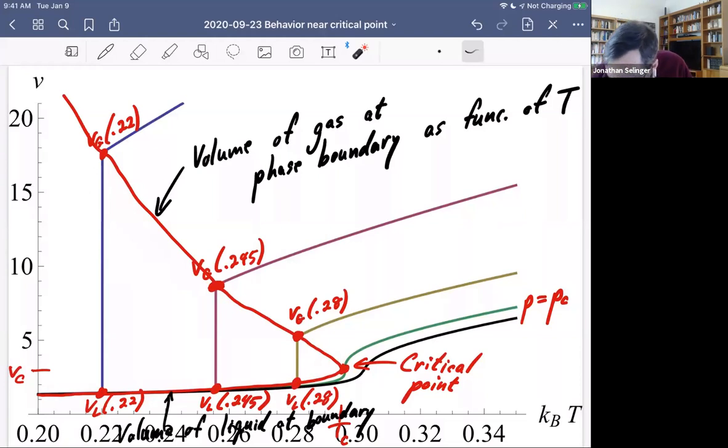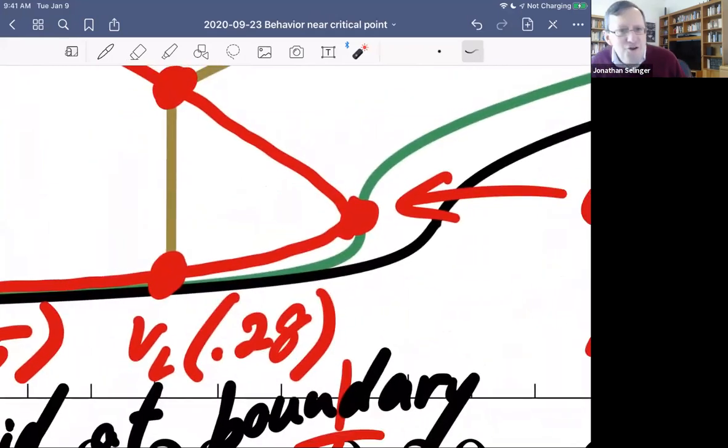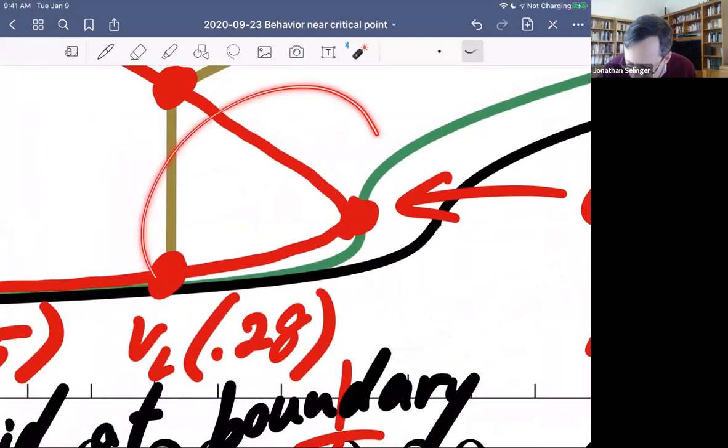But now let's zoom in on it, close to the critical point. Can I actually do that with my iPad? Ooh, I can, cool. If we zoom in close to the critical point, we can see around here, it looks a lot like a parabola on its side.